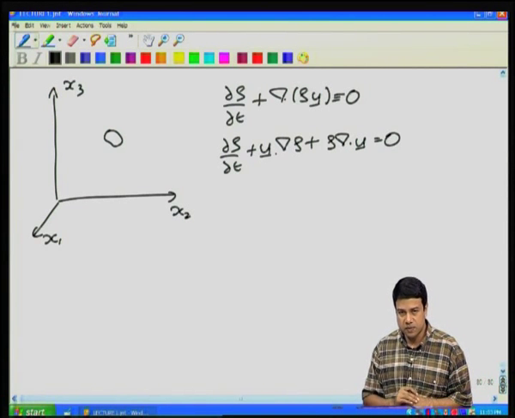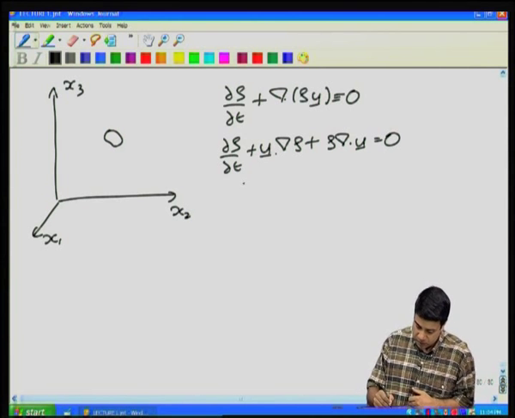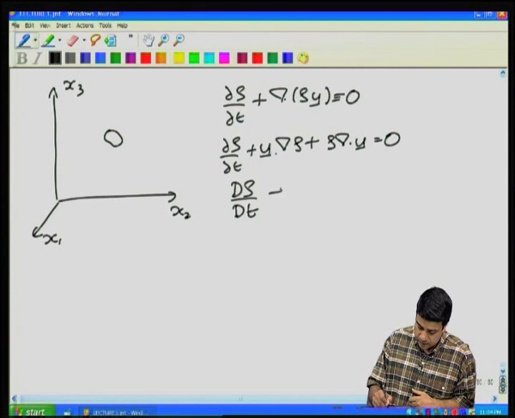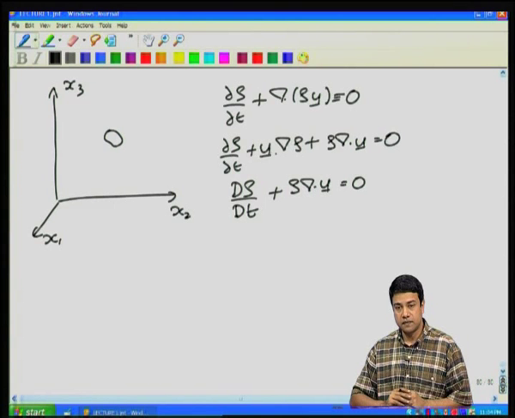And the first two terms put together is just the substantial derivative in a reference frame moving with the mean velocity of the fluid. So, this is the definition, d rho by dt. d rho by dt is a substantial derivative.